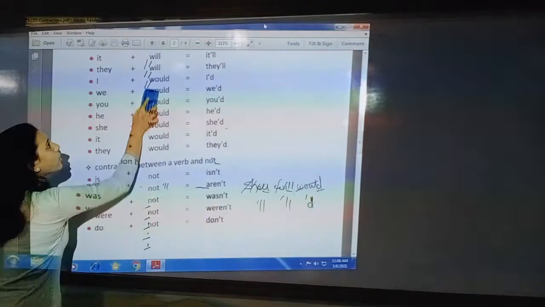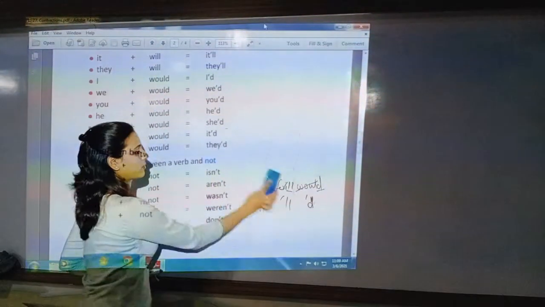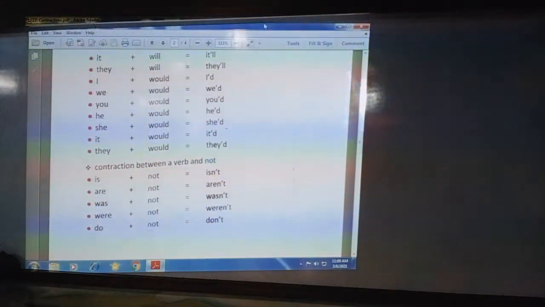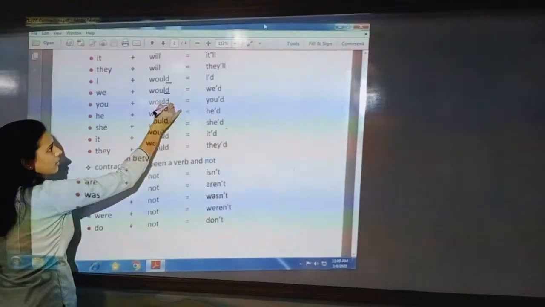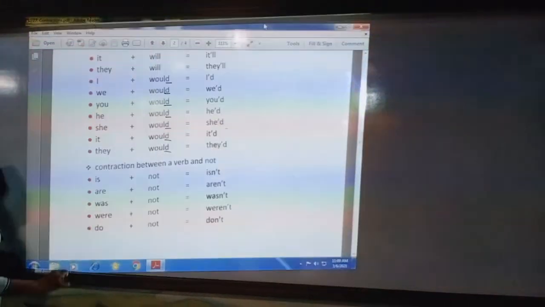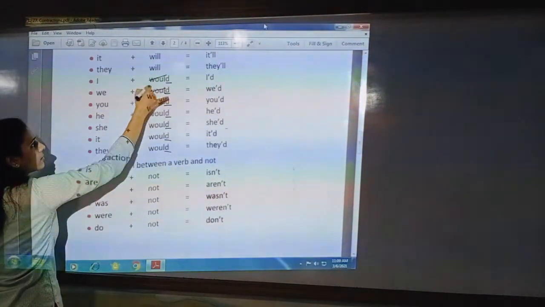Now let's see the contraction of would. In would, only the last letter will be kept and all the other letters will be eliminated.